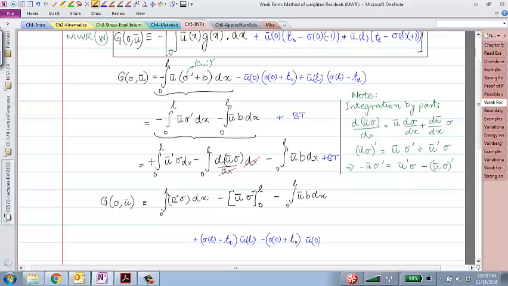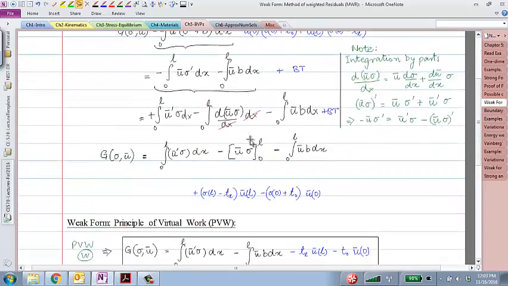So all I've done is plug in integration by parts on that term which had the u bar sigma prime, and then evaluated that integral, which gives me two boundary terms, and there were other boundary terms already in here. Okay, so I'll also expand this boundary term a little bit.